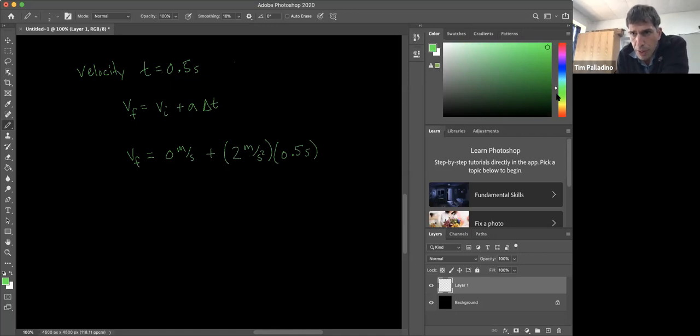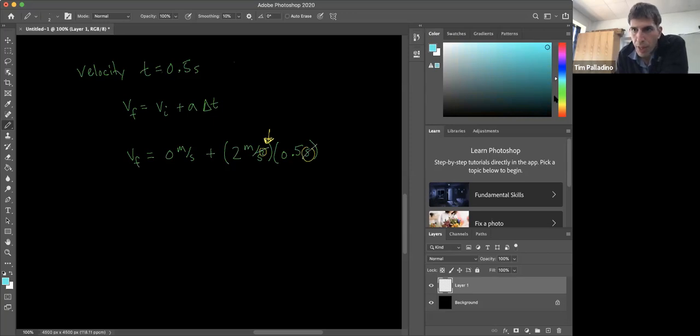A couple of things I want to highlight here. You see this unit of second squared? That's going to cancel one of the units of seconds here. So this unit squared cancels with this second.